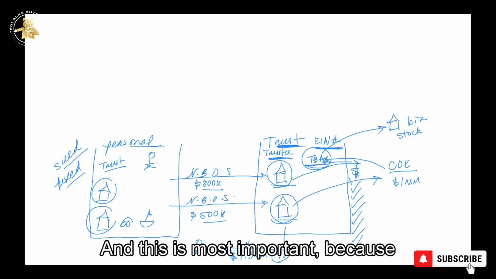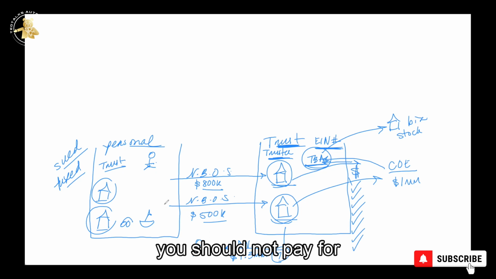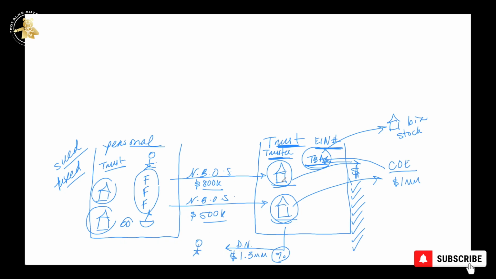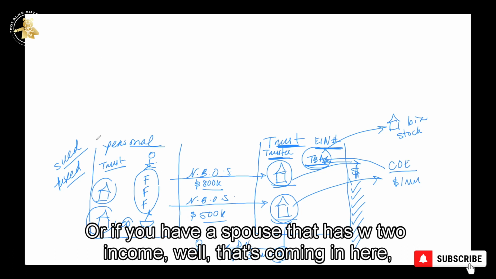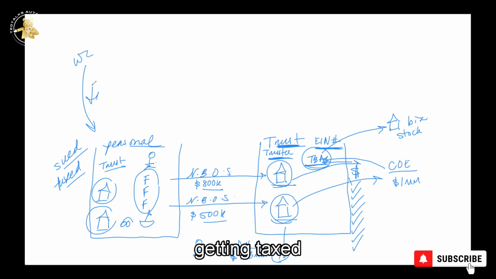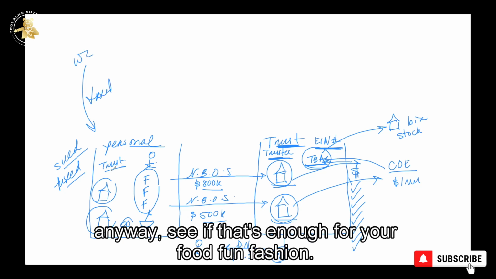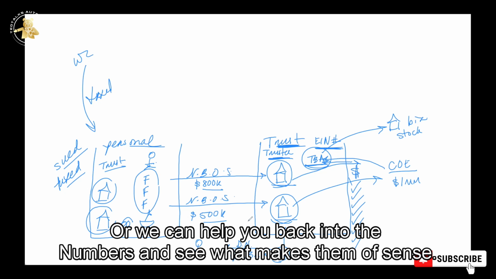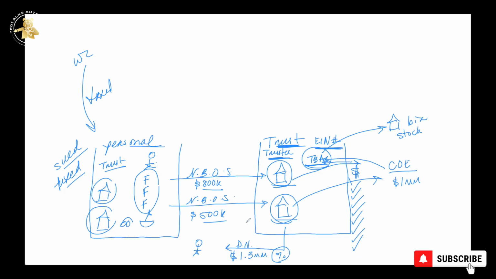And this is most important because you should not pay for your own food, fun, and fashion from your trust. All right, so food, fun, fashion. So pull it from your demand note. Or if you have a spouse that has W-2 income, well, that's coming in here, getting taxed anyway. See if that's enough for your food, fun, fashion, or we can help you back into the numbers and see what makes the most sense.